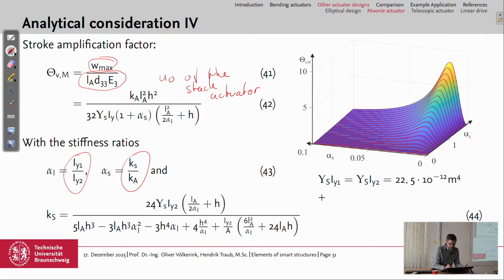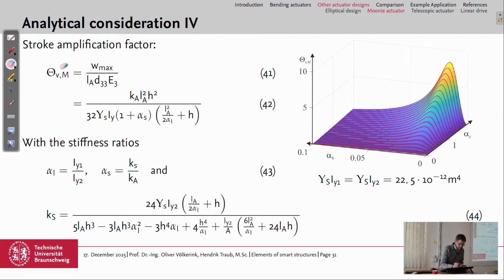So this is the bending stiffness, E times I. E is the Young's modulus and I is the moment of inertia, is the word I was missing, yes. And in German it's Flächenträgheitsmoment. So ratio of the moment of inertias and ratio of the stiffnesses.